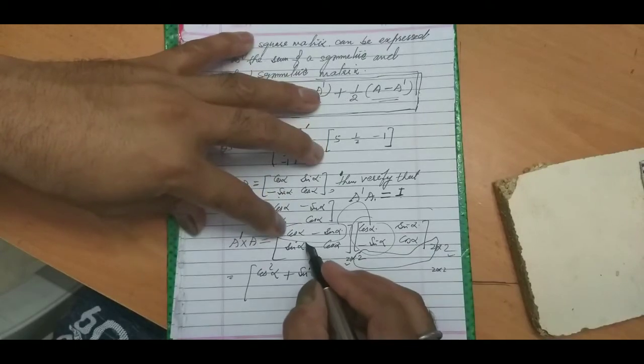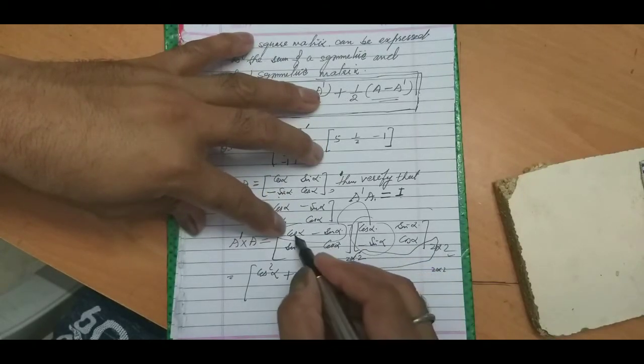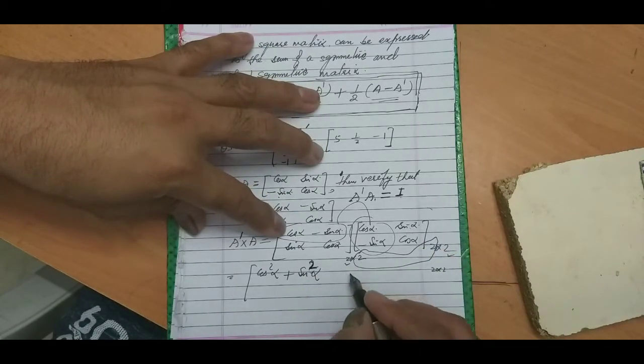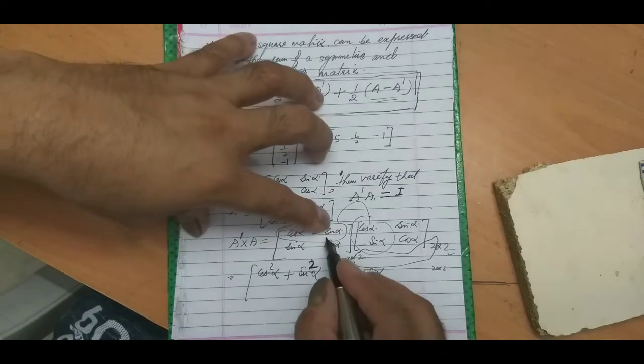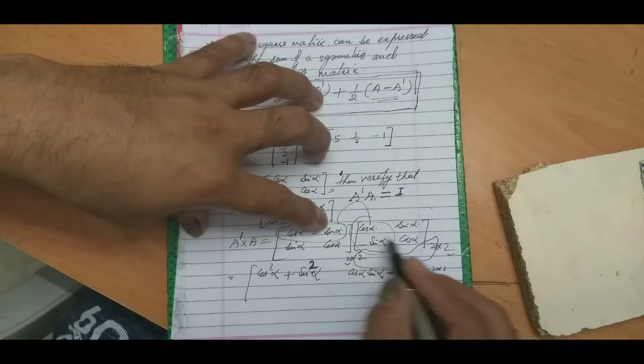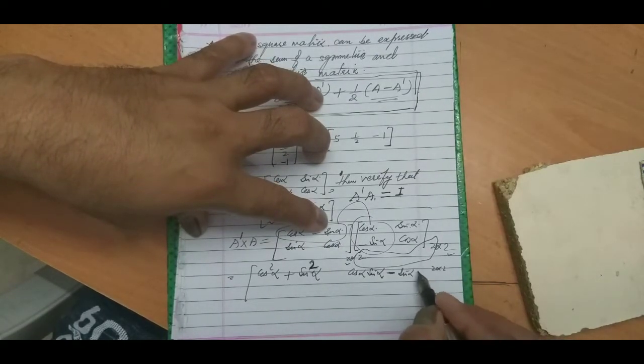Second one is cos alpha into sin alpha, minus sin alpha into cos alpha.